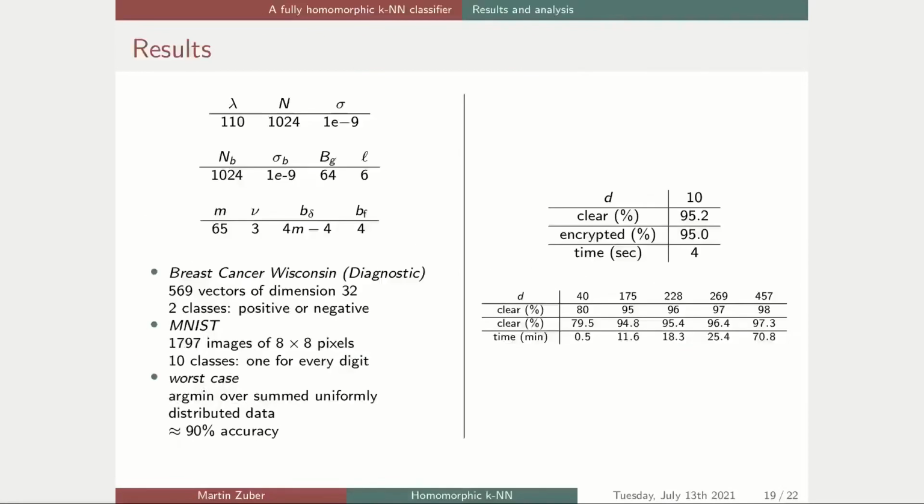Our results can be summarized with a very high accuracy as tested on the well-known MNIST dataset and the breast cancer Wisconsin dataset, and a bad scaling time-wise because of its quadratic complexity in nature.